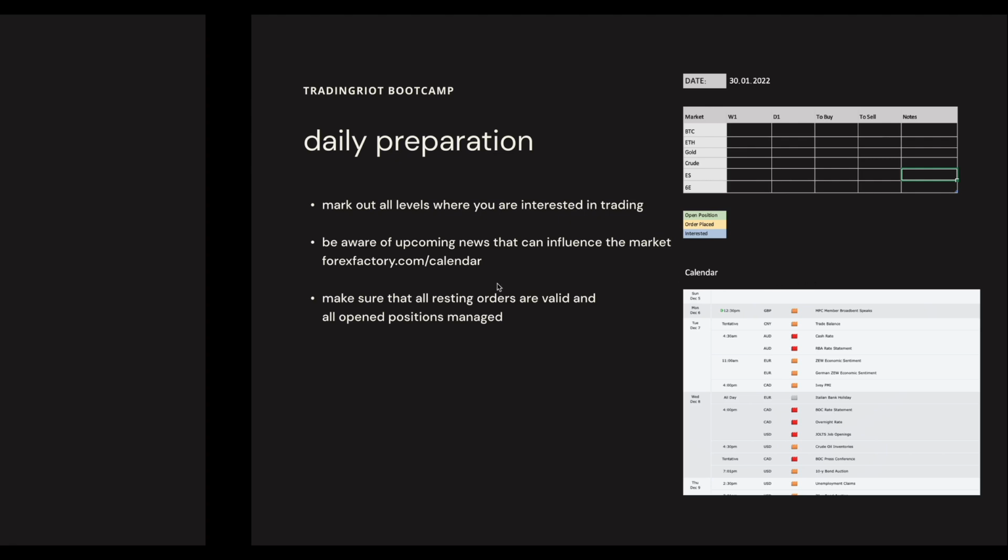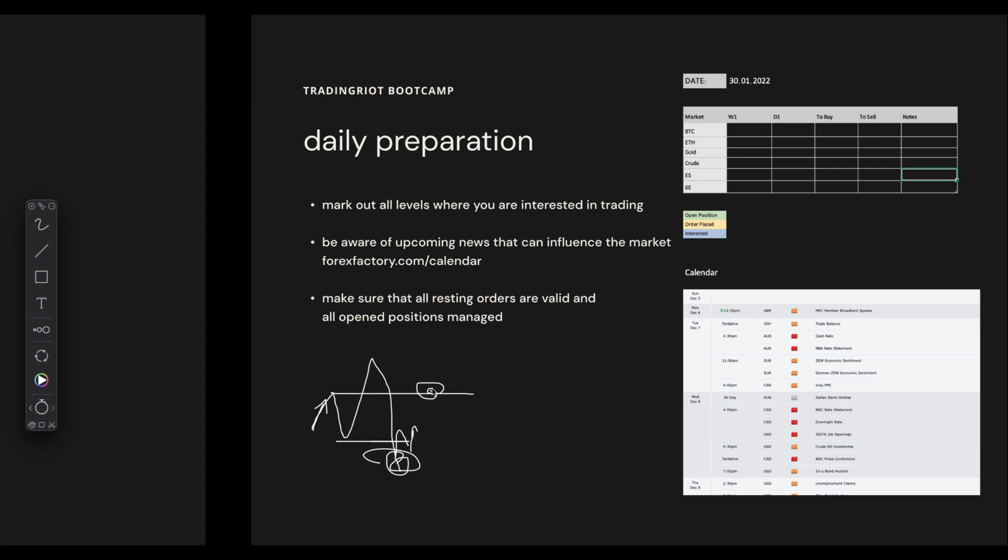Once again, at the end of each day, I make sure that all resting orders are still valid. If, for example, you have some level which you are planning to sell, when the market puts this kind of pattern here and you basically want to go short if we retrace, but the market breaks below this low and makes a huge absorption here, you will get your failed swings, and it will start to look like the market is about to break this level.